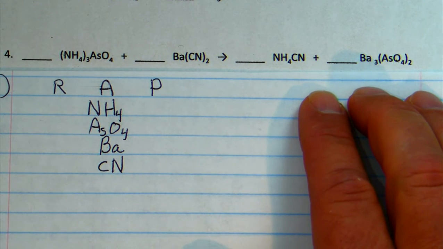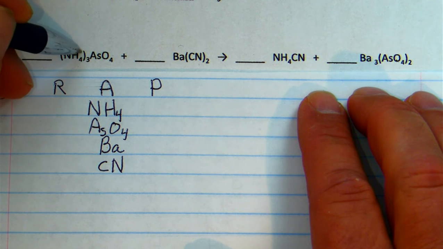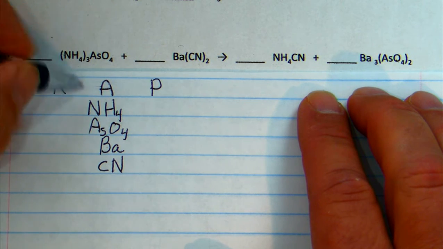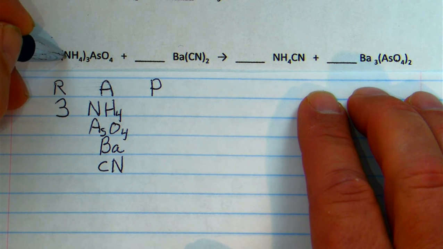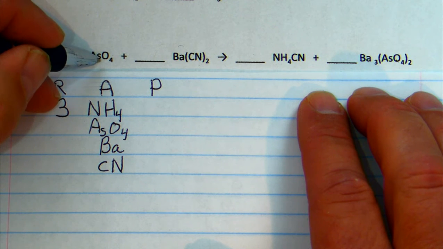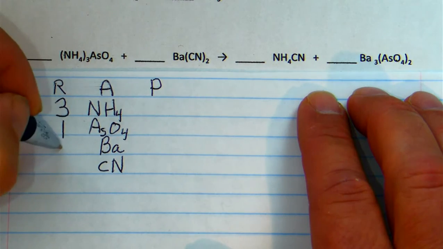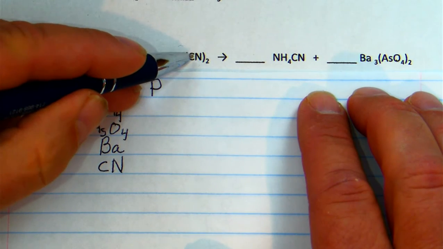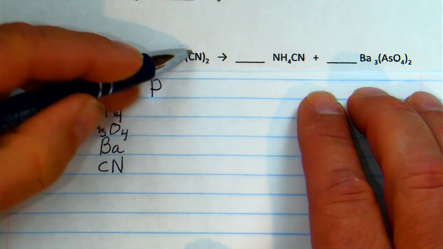All right, so on the left, the 3 outside the parentheses means I have 3 ammonium polyatomic ions. No parentheses for the arsenate, so I have just one of those. 1 barium, because that 2 is only talking about the parentheses. So I have 1 barium, 2 cyanides.